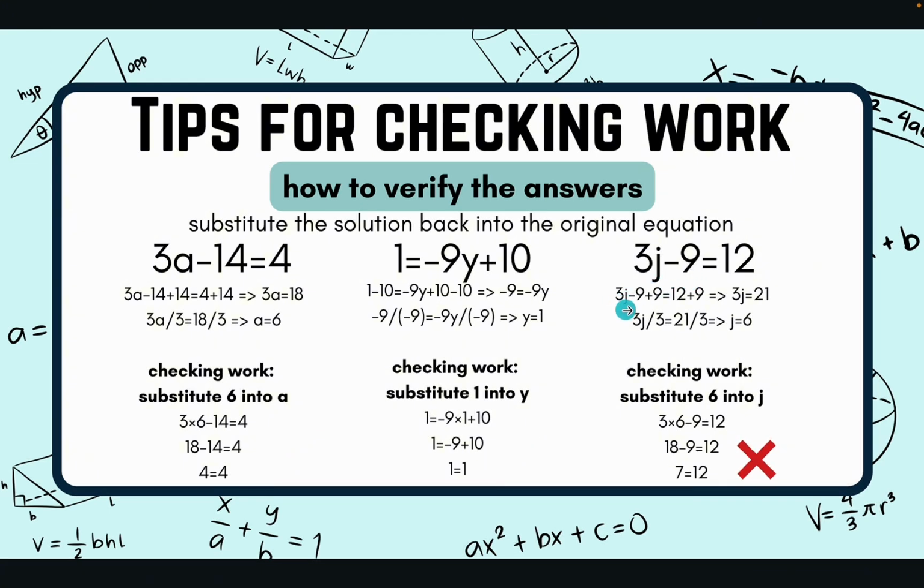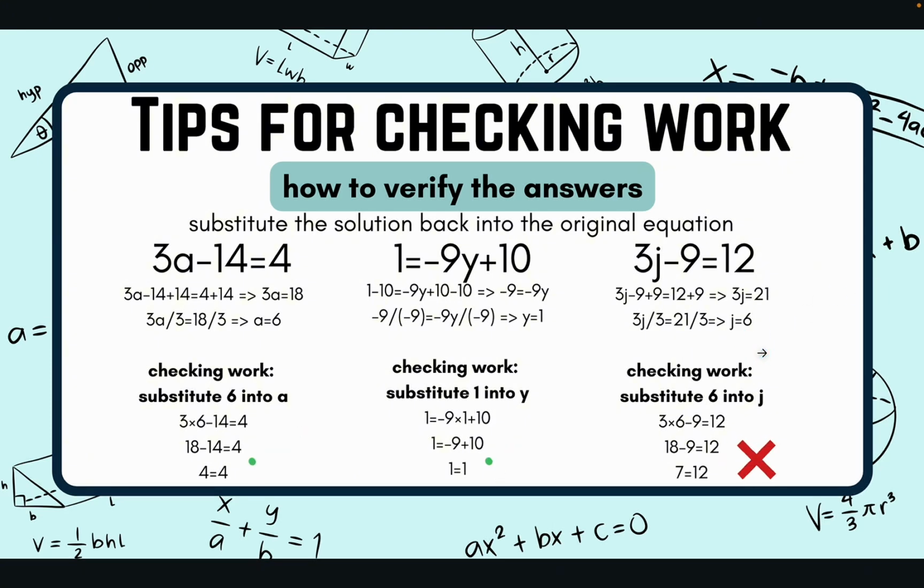So 3j minus 9 plus 9 equals 12 plus 9, and that becomes 3j equals 21. Since we have 3j here, we need to divide both sides by 3. So it is 3j over 3 equals 21 over 3, and that is j equals 7.